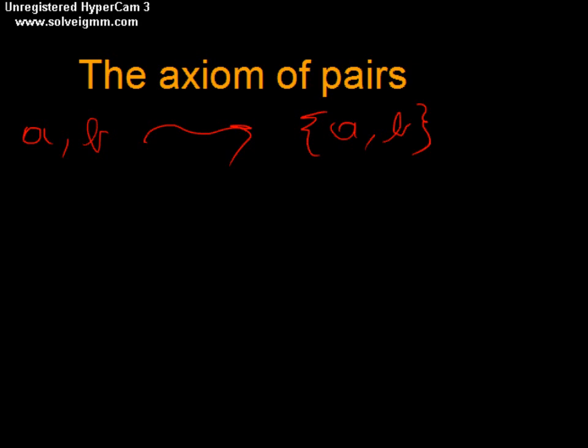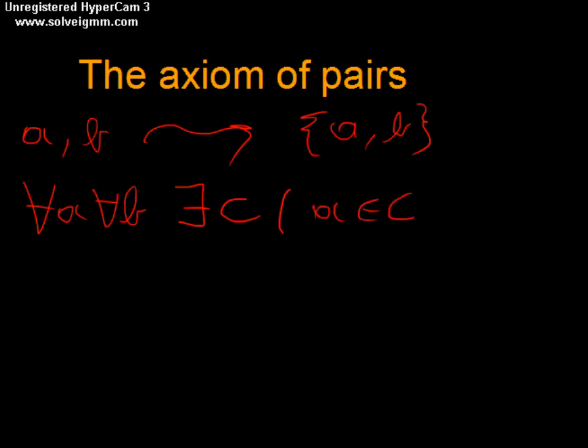If we write it as a well-formed formula, then we get the following: for all A and for all B, there exists some set C which contains A and contains B.